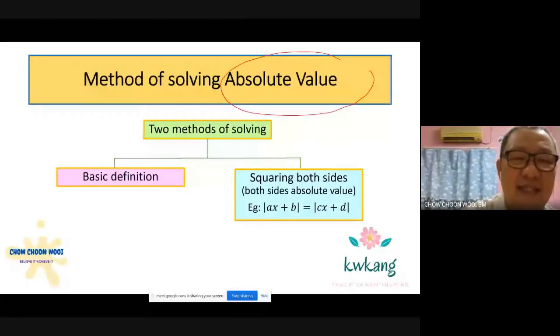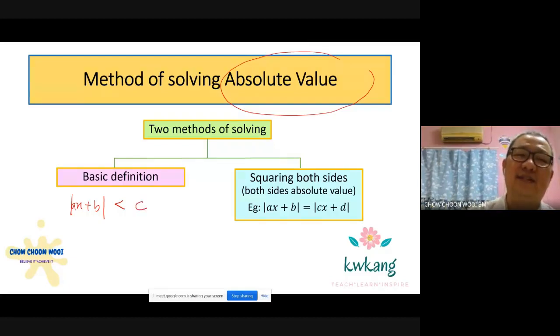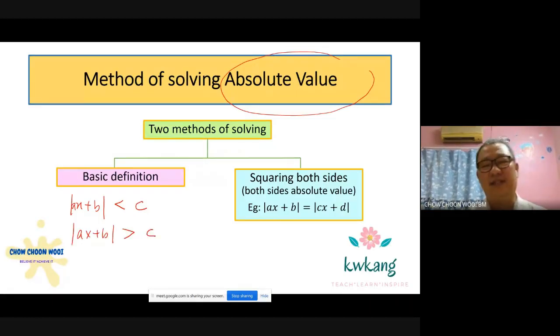Kalau sebelah sahaja ada modulus, AX plus B less than C, atau modulus of AX plus B greater than C, macam tu. Kalau sebelah modulus, we use basic definitions. Kalau kiri kanan ada modulus, we just simply squaring both sides.